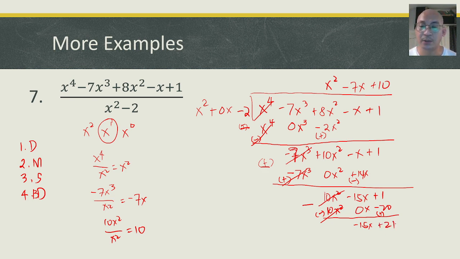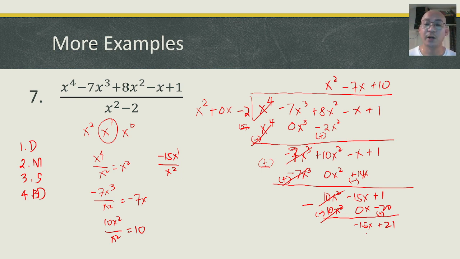positive 21. To continue, negative 15x divided by x squared. Notice that we cannot divide this, as the exponent of the first term is 1 and the exponent in the denominator is 2, so it is not possible to divide, else it will become a negative exponent.